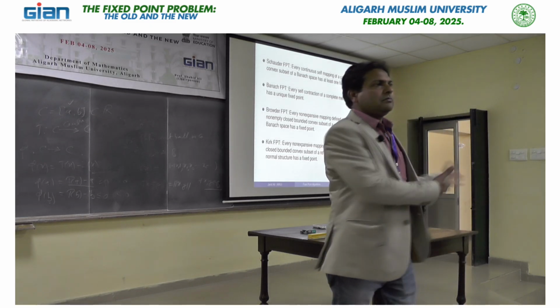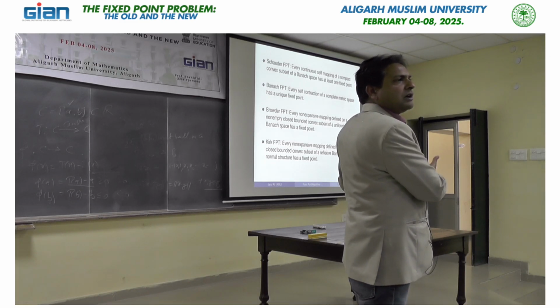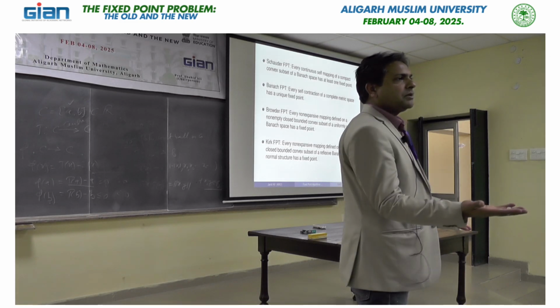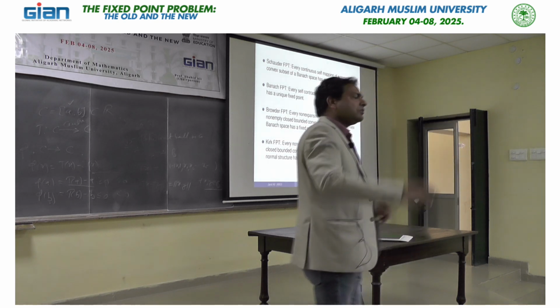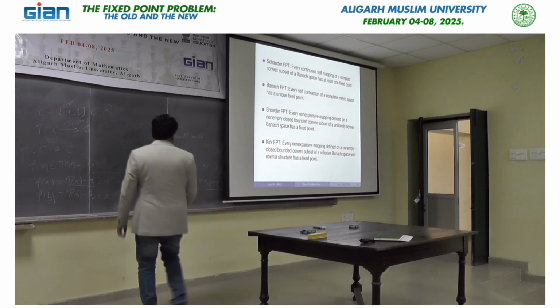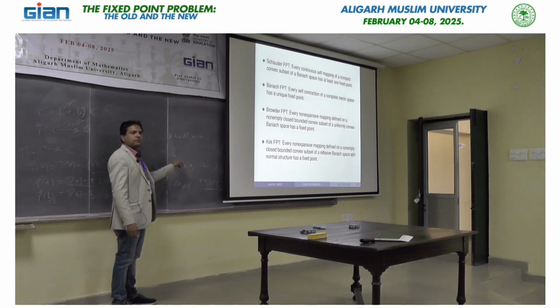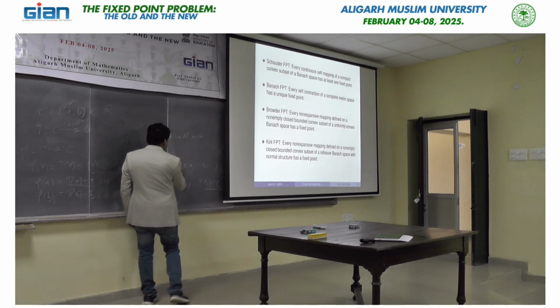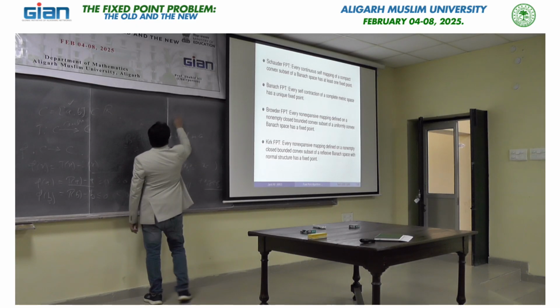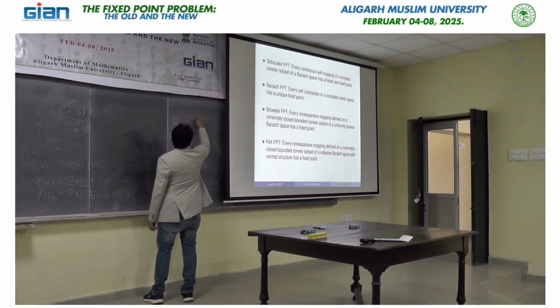Okay. Because this is a nonexpansive map or isometry, we can say this is a continuous map, because every contraction, every isometry, every nonexpansive map is continuous. And it is defined on a closed and bounded ball. Suppose we assume that T has a fixed point, meaning Tx equals x.